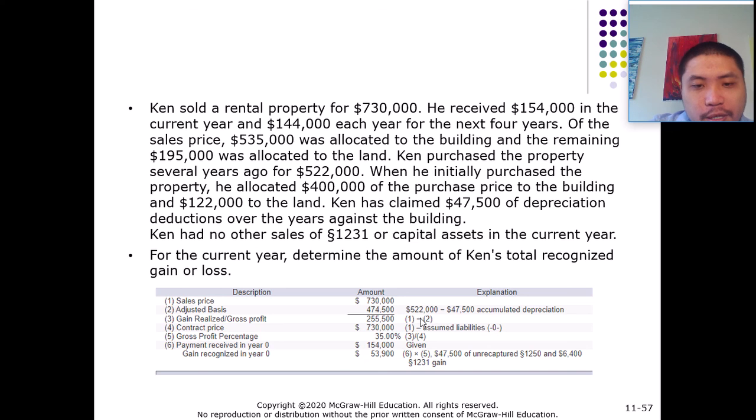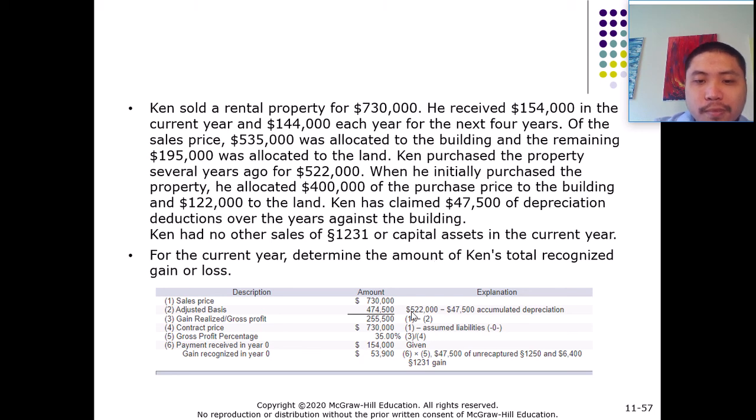But to calculate the ratio, first we have to calculate the realized gain, right? We know that the sales price was $730,000, and we can calculate the adjusted basis. The depreciation was $47,500 for the building, so we take $400,000, subtract $47,500, and then add the basis for the land, which was $122,000.